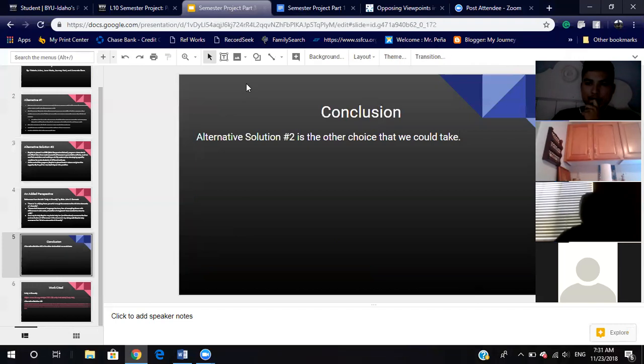Okay. And if it's an alternative solution, we would have to change some things. For instance, will we take off the privileges or will we keep the privileges?